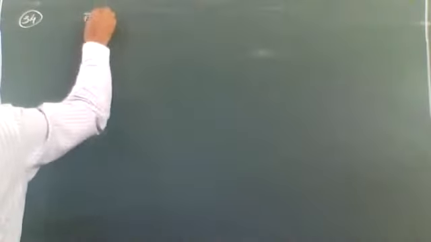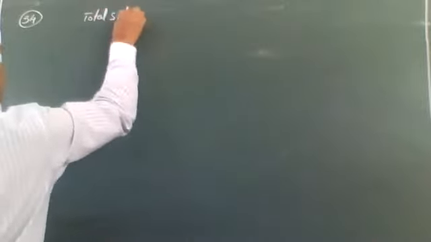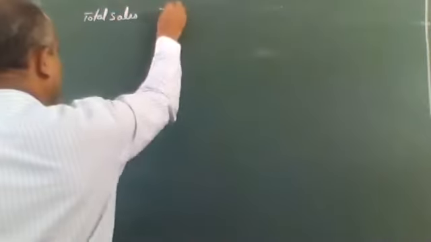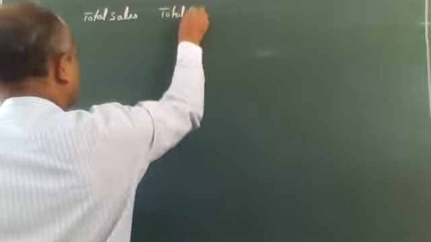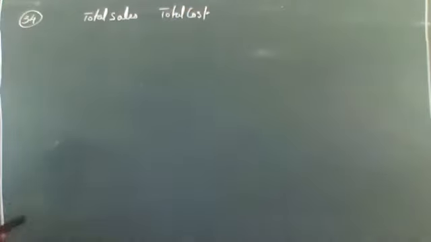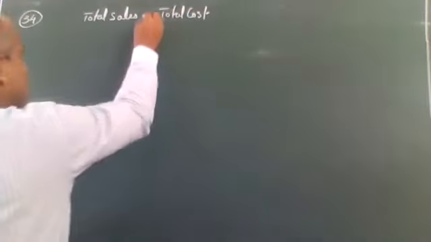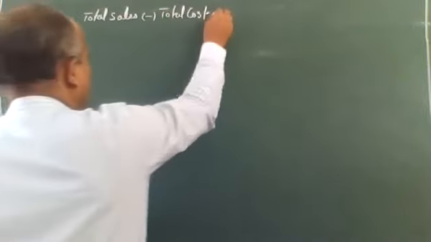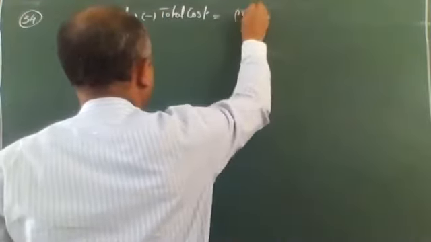We are given the total sales and the total cost. As we know that your total sales minus total cost gives you profit. So this is the first thing you're going to do.